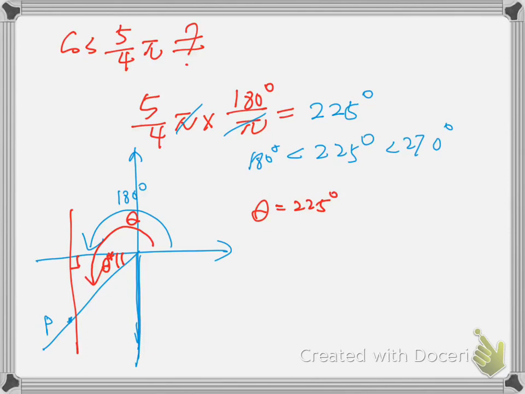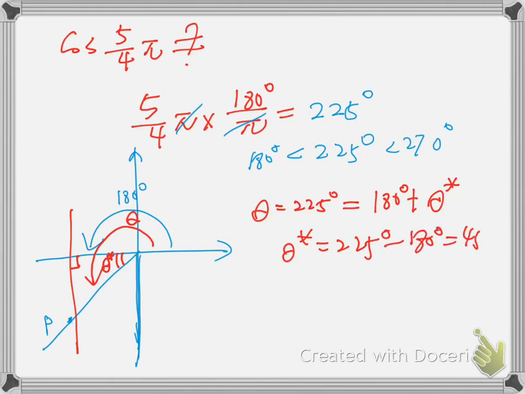So what is theta star? Based on the picture, you can see 180 plus theta star is the actual rotation, theta. Okay, so theta star is 225 minus 180. It is 45 degree. Okay, so our reference angle inside, this is 45.